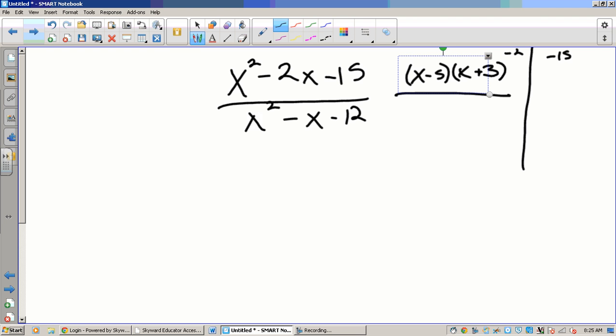Okay, excellent. So we factor the numerator. What do you think we're going to do next, Jaden? We're going to factor the denominator. So if we're going to factor the denominator, what are we looking for? What are we looking for there, Logan? We're going to factor that denominator.